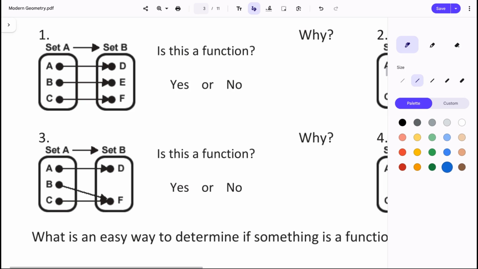Are any of those points A, B, or C trying to go to more than one place at one time? No, they all have one location that they're going to.